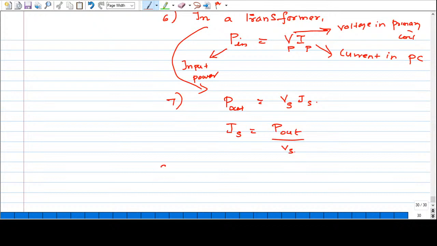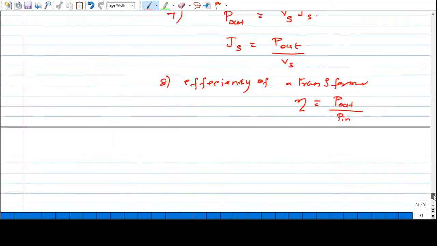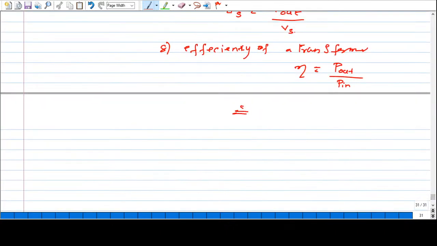And formula number 8, efficiency of a transformer. Efficiency of a transformer is eta is equal to P out by P in, output power by input power. Again, that implies eta is equal to Vs Is divided by Vp Ip.